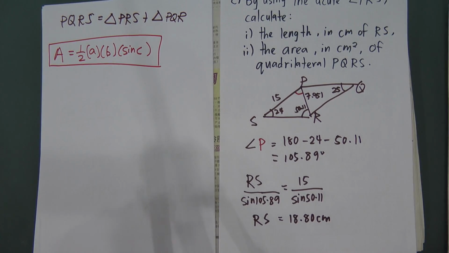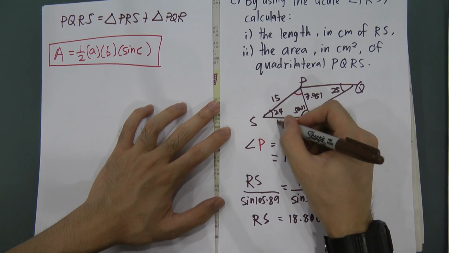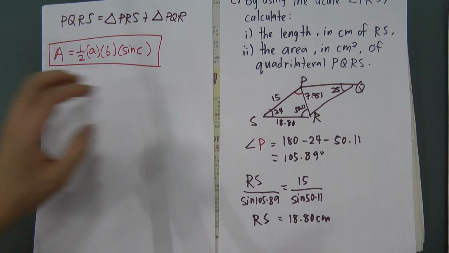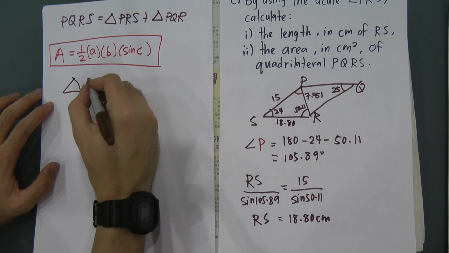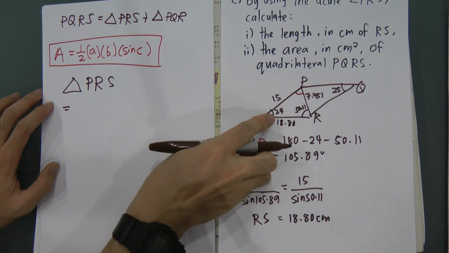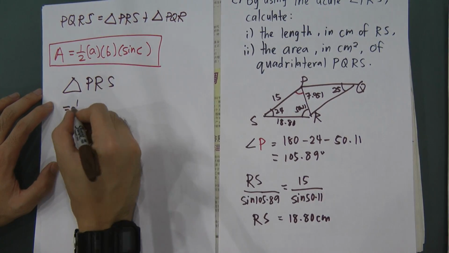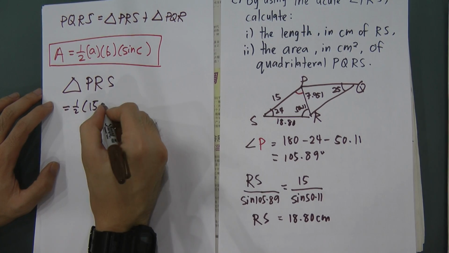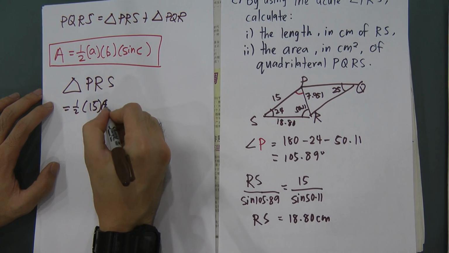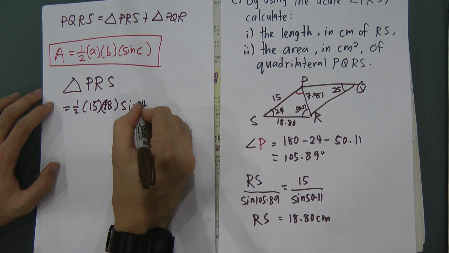So for this one, same as the cosine rule, we have the length we write down here, 18.80. I calculate triangle PRS first. It equals 2 sides multiplied by the sine of the angle in between. So it's 1 over 2, 15 multiply 18 multiply sine 24.